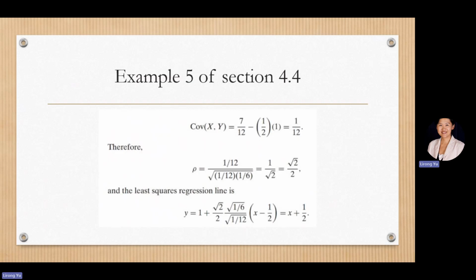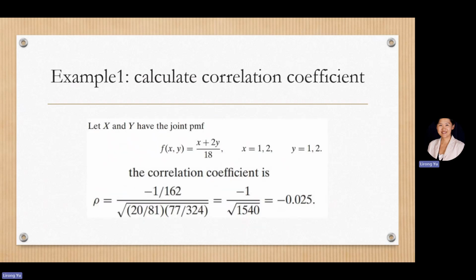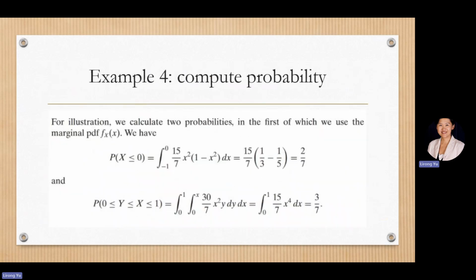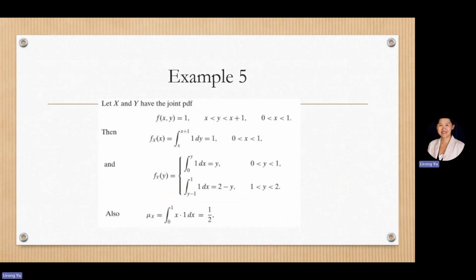For that question, we actually went ahead and found the regression line. Okay, so the first example that we did was a discrete case. This is a continuous case.